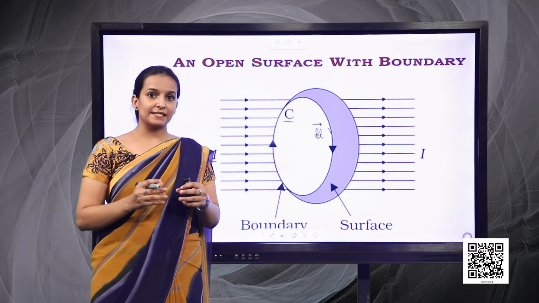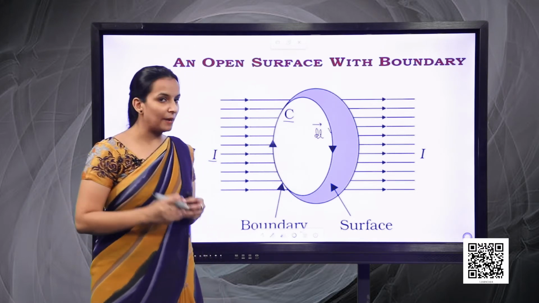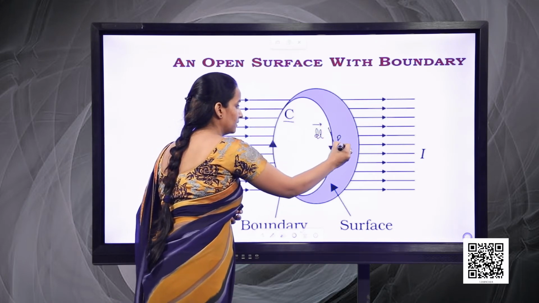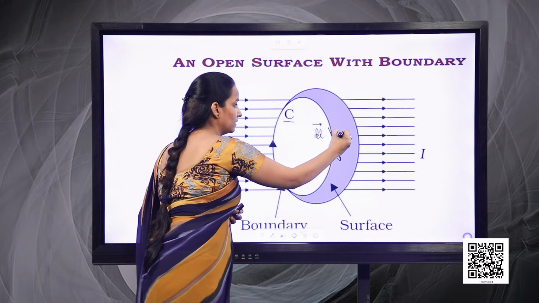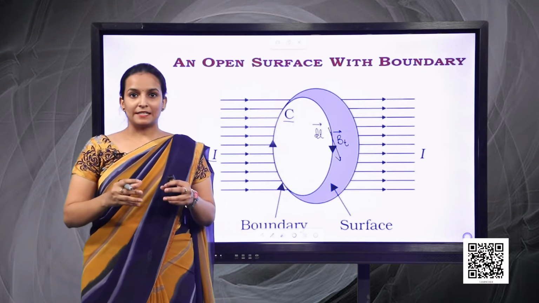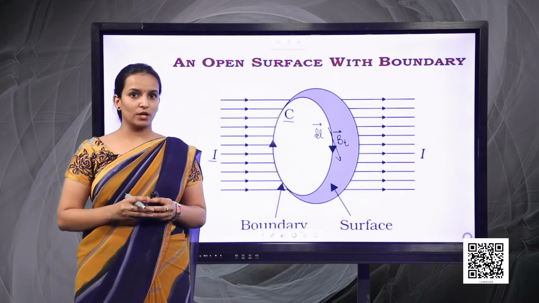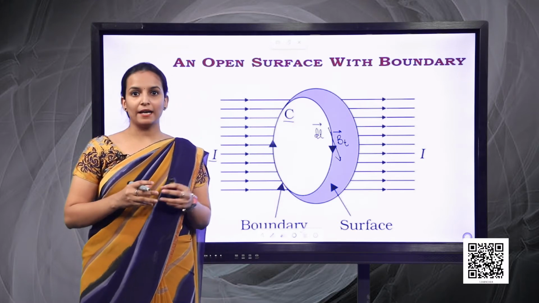Let Bt be the tangential component of the magnetic field at this point. This Bt is nothing but B cos theta. We will take the product of B cos theta and dl.